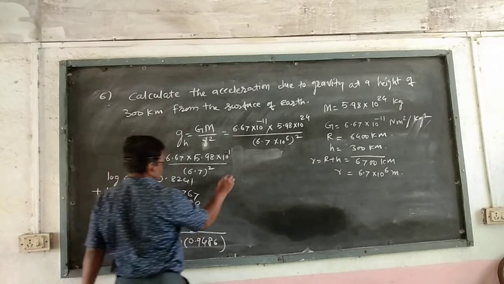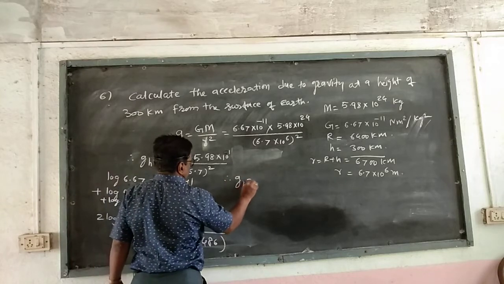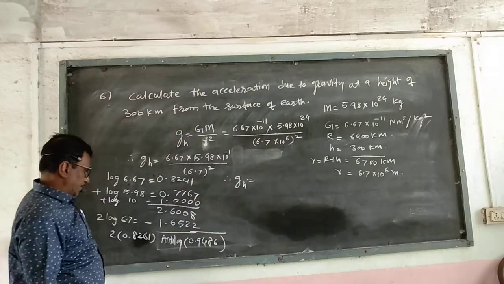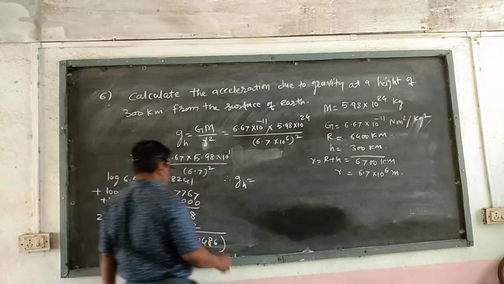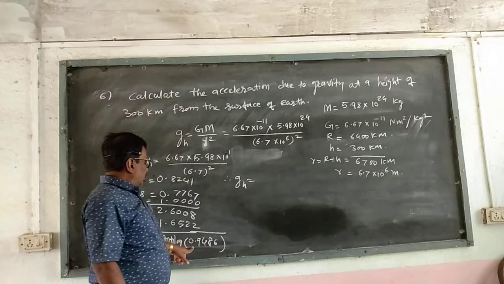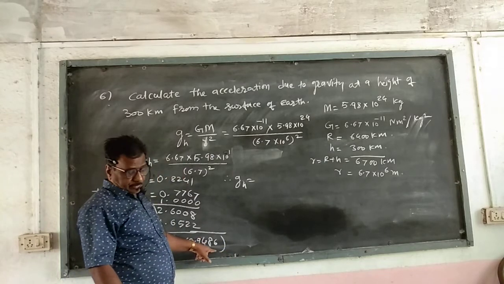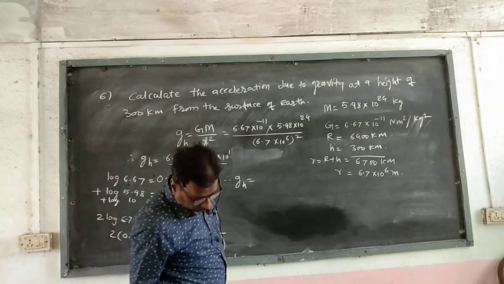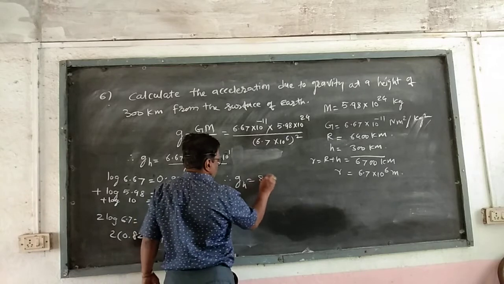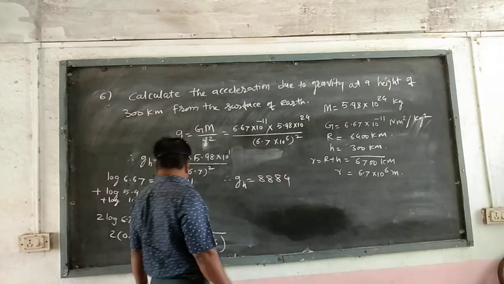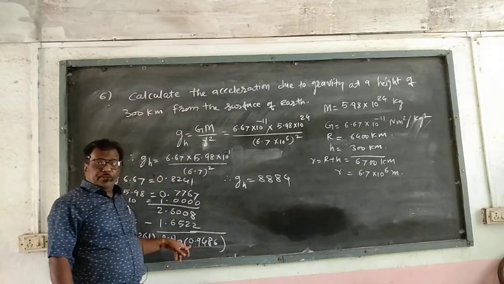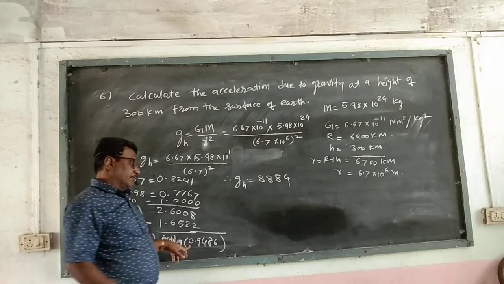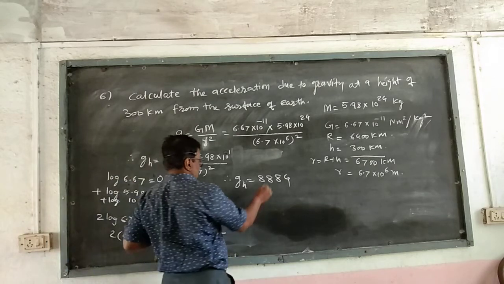Now we get acceleration due to gravity at height h is equal to antilog of 0.9486, that is equal to 8884. Here characteristic is 0, so we have to add 1 in that characteristic.